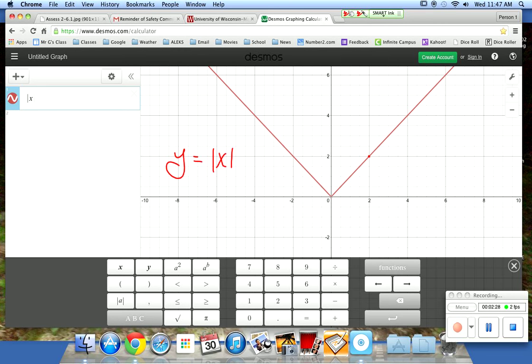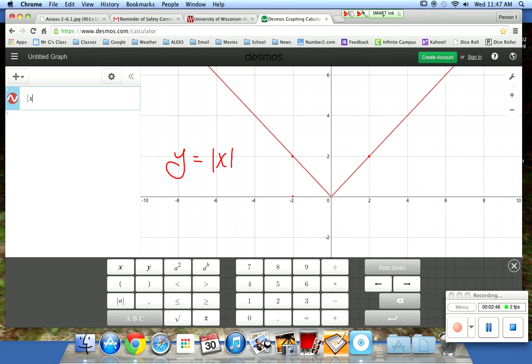If I put a negative 2 in for my X, my Y will be 2. So no matter what happens, my results will always be positive. That's why it starts making this V shape.